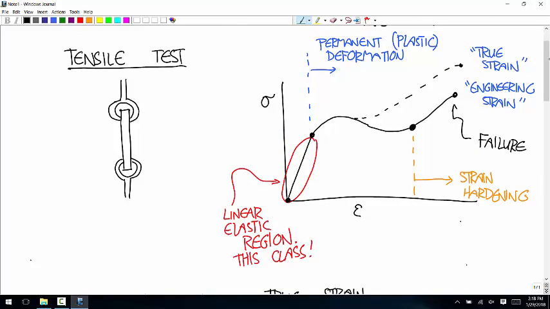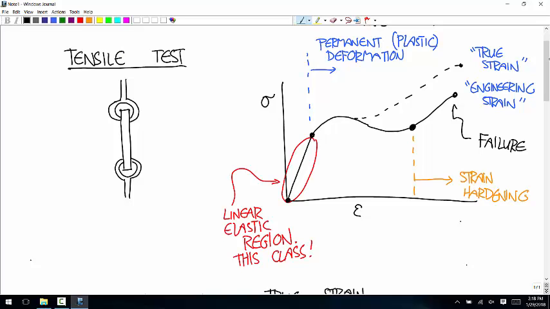People talk about the true strain and true stress, engineering strain and engineering stress. If you have the same amount of force in both of these two cases, but for the engineering stress you're dividing by that big original area, and here you're dividing by the smaller actual current area, you just get a bigger value of the stress in that way.